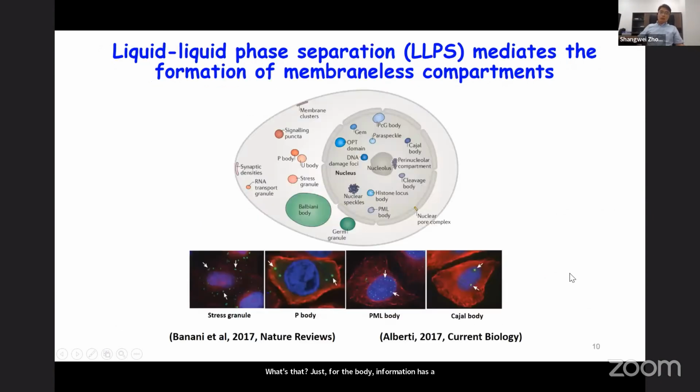Luckily, during recent years, a new concept of phase separation has been introduced to biological researchers, especially for research studying the formation of membraneless compartments. Many nuclear bodies and stress granules are found to be formed through this process. So we wondered whether phy photobodies are formed through phase separation.